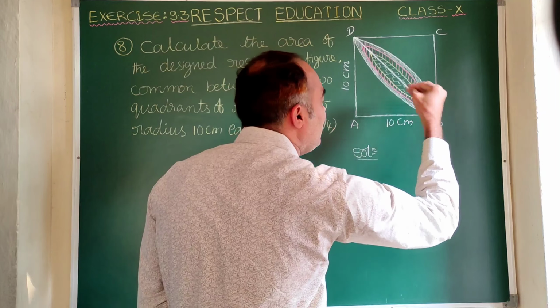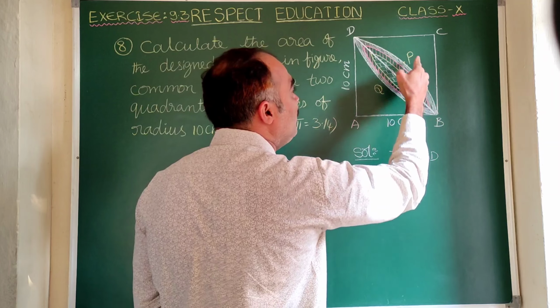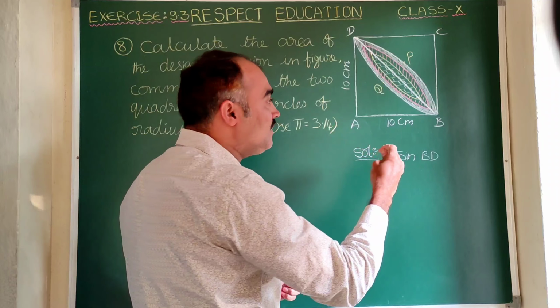The given design is divided into 2 equal parts by joining BD. One of the parts is the area of BPD, so this portion BPD, and another similar part of the design is BQD.